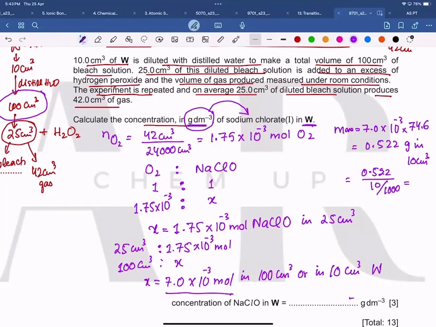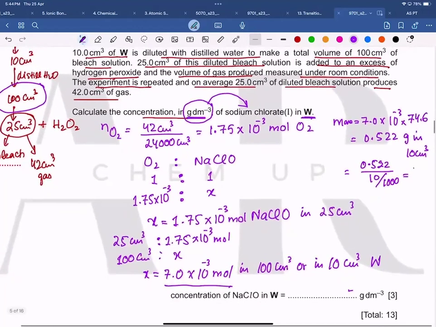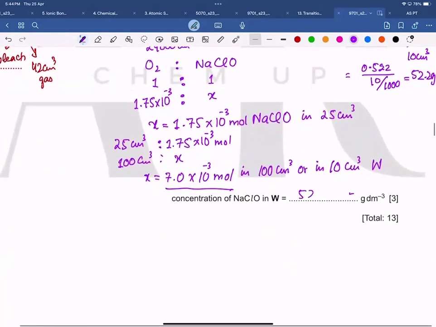Yes, what is the answer? 52.2 grams. How many marks? 3 marks. So 52.2 grams. Is this clear to all of you?